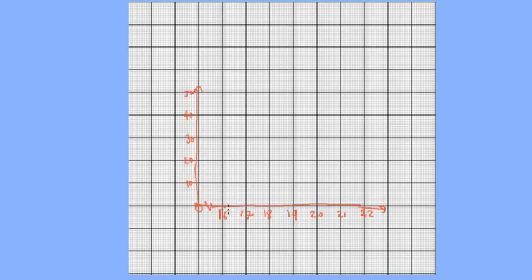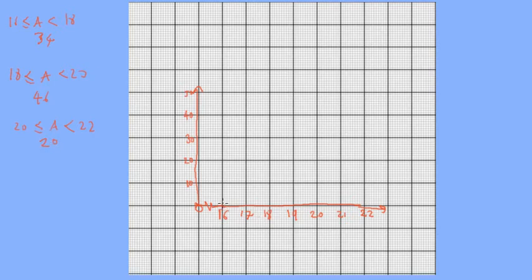And then for the first class, 16 to 18, the number of students there was 34. Second class we had 46, and the third class we had 20.